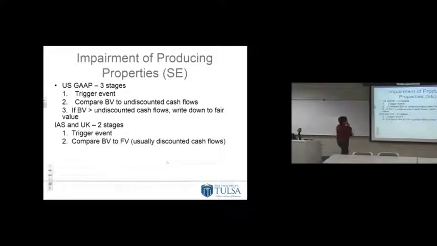Now, you could make cases for other things because, again, this statement does not have specific rules for the oil industry. When this statement came out, I believe 1997 was the first year that it was required.